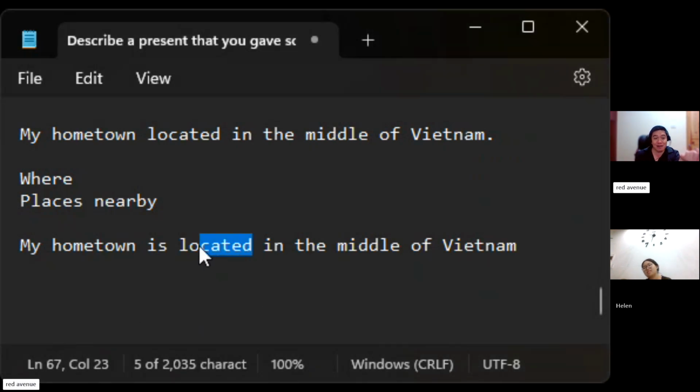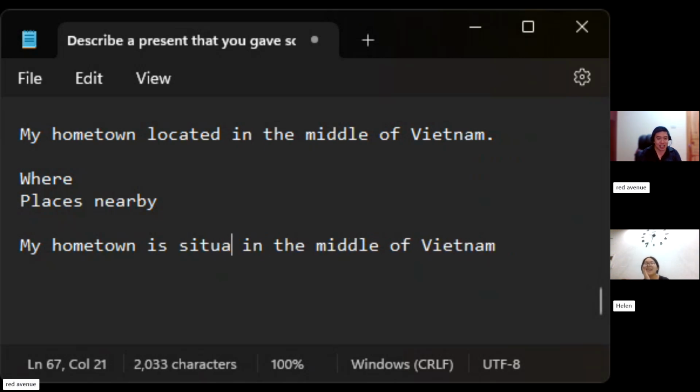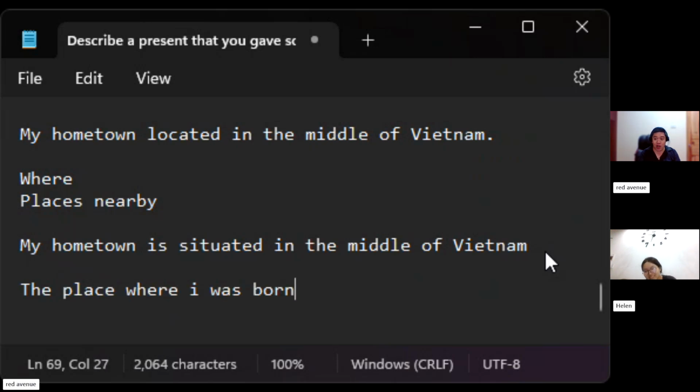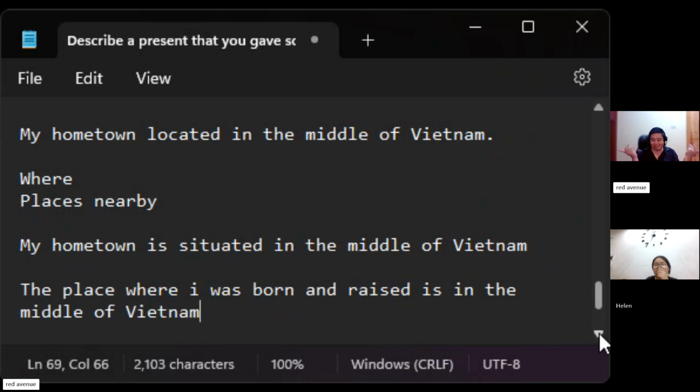Correct. So instead of the word located, you can change it to situated. Now, also the word hometown. Is there another word for hometown? City. Okay, so you can use the place where I was born and raised, which is in the middle of Vietnam.